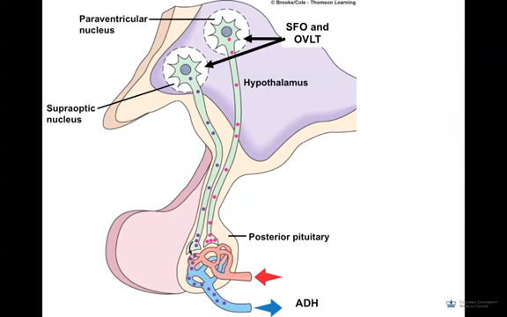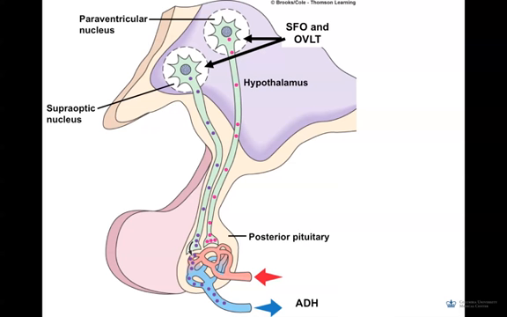So let's say the SFO and the OVLT sense an elevation in plasma osmolarity, which means that the plasma is becoming too concentrated. It has lost water and it's becoming too concentrated. Under those circumstances, the SFO and the OVLT will stimulate the hypothalamus to release ADH from the posterior pituitary. Okay.